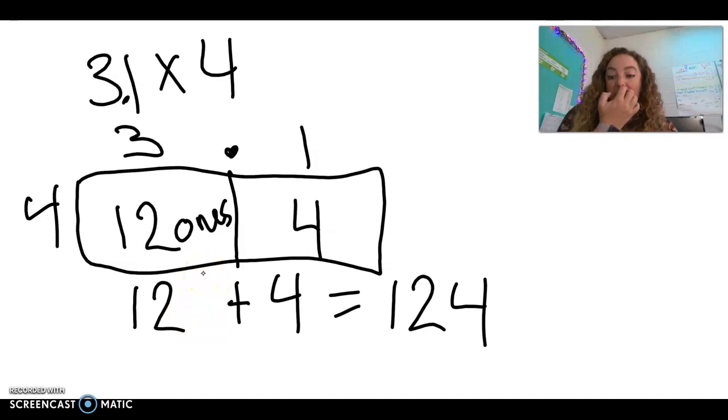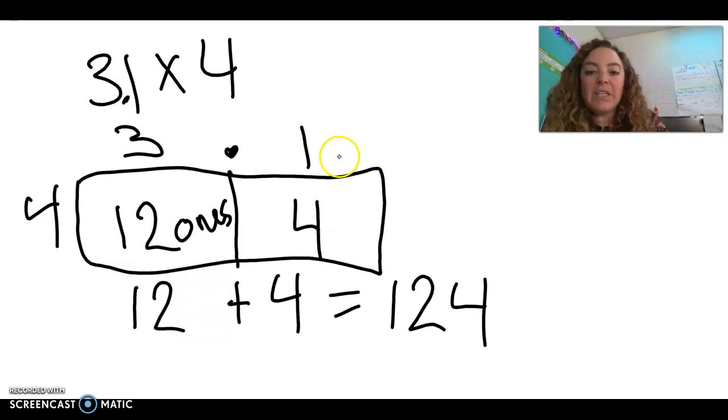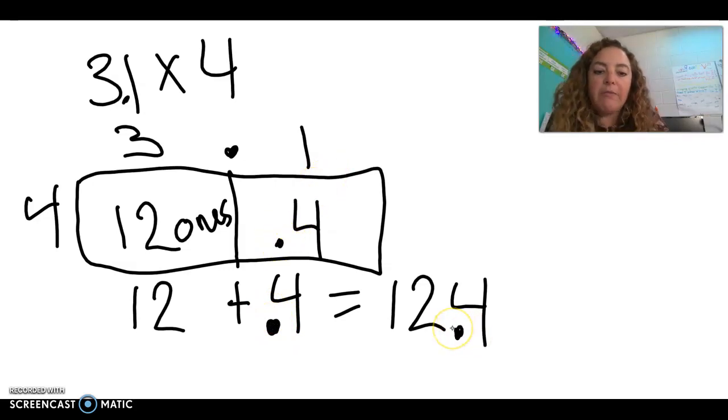And then we have 4 tenths, because this would be the tenths place value, which then would mean this would be a decimal right here, 4 tenths, right? These would be tenths, which means we would have 12 and 4 tenths. So it's just a matter of thinking about those shifts that we've done before and how those things can work. We'll try another way to do this as well.